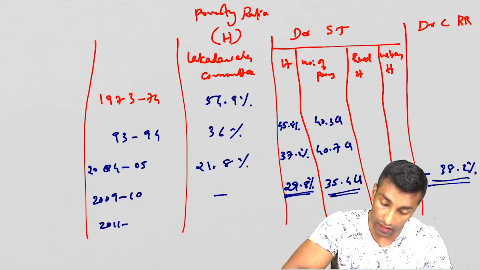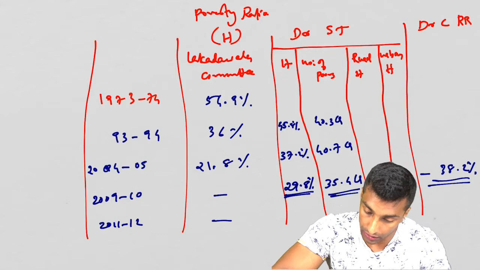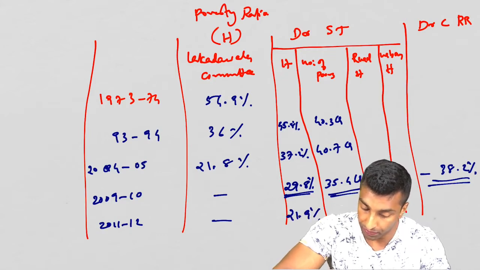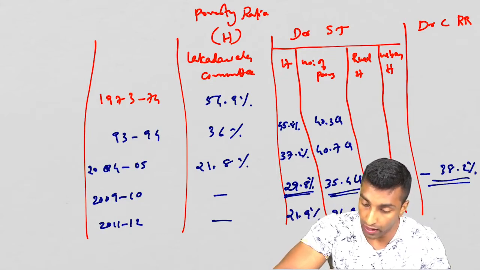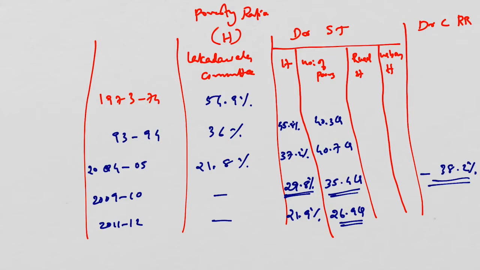Then 2011-12, the latest, that is 21.9% and 26.9 crore people are poor. There's 25.7% in rural and 13.7 in urban. You can remember those values also.